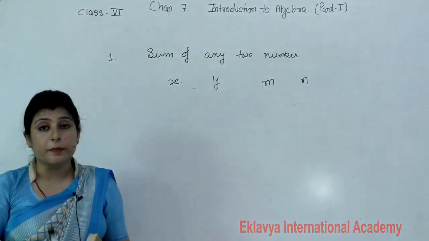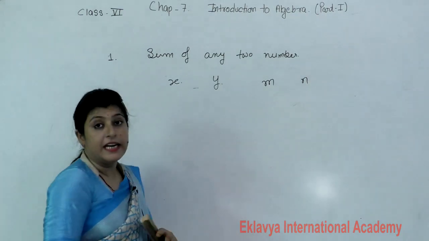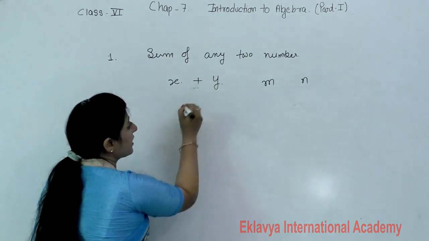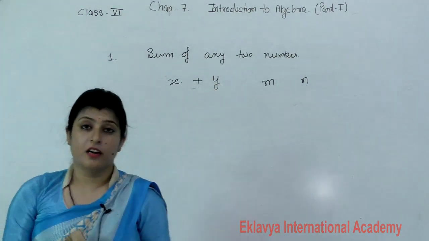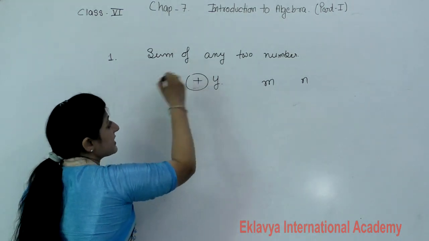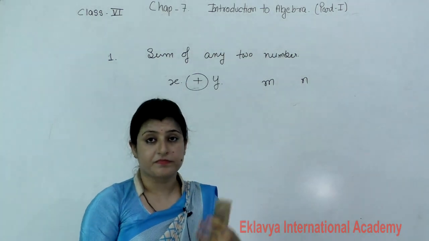We want to represent the sum of these two numbers. It means we apply the addition operation between these two unknown variables. This represents the sum of any two numbers.